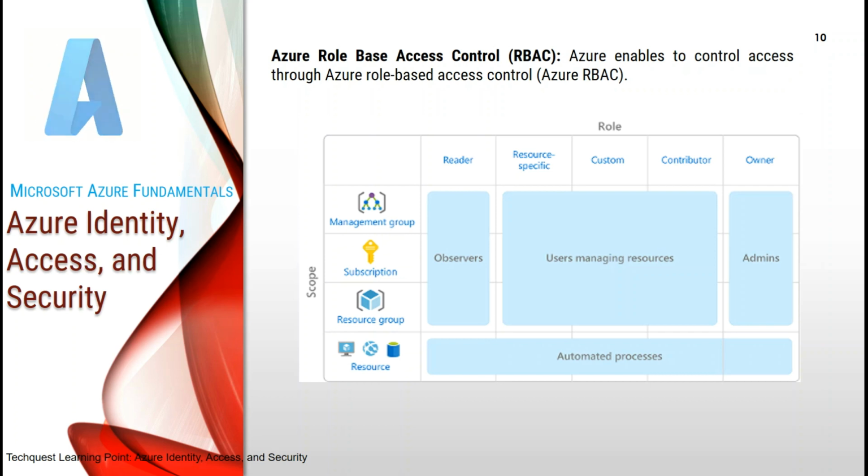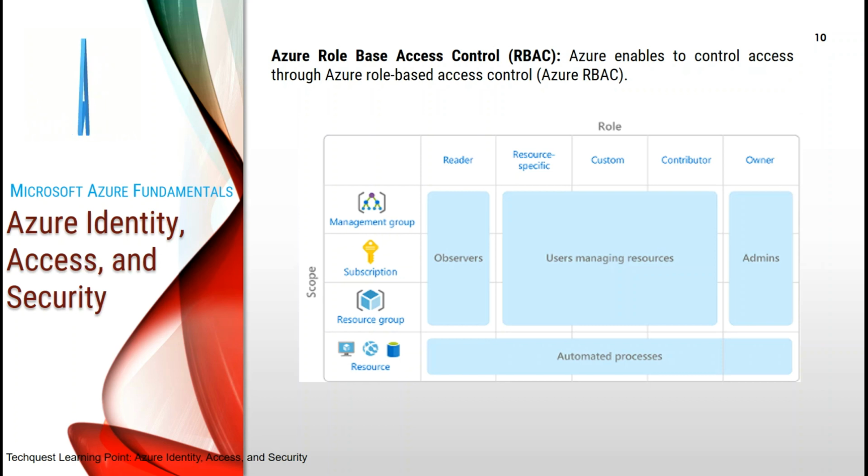If you only need read access to a storage blob, then you should only be granted read access to that storage blob. Write access to that blob should not be granted, nor should read access to the other storage blobs. It's a good security practice to follow.